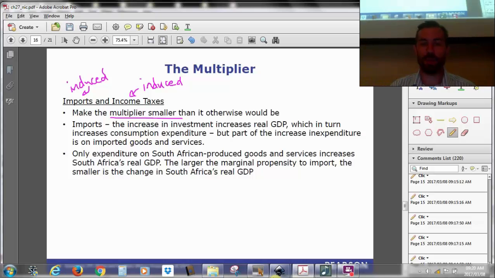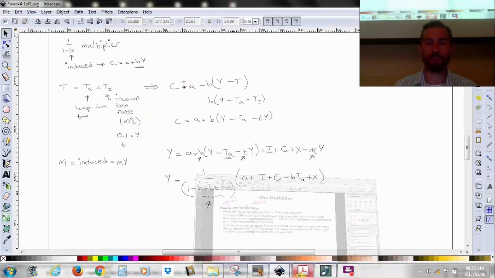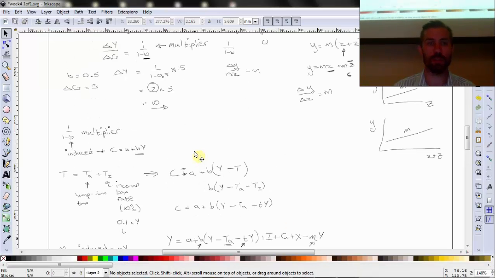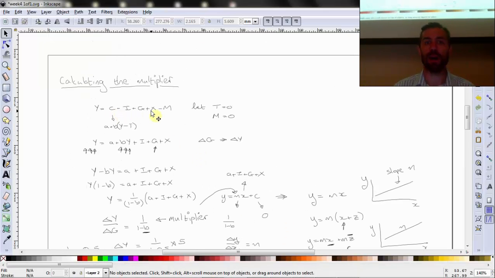Why does it get smaller? Well, there's two reasons. We can talk about the intuition there. Remember, in our simple equation, Y equals C plus I, an increase in Y increases C, which increases Y. If we include income taxes, then that increase in Y that leads to a further increase in C, first, what we have to do is deduct higher taxes from it.